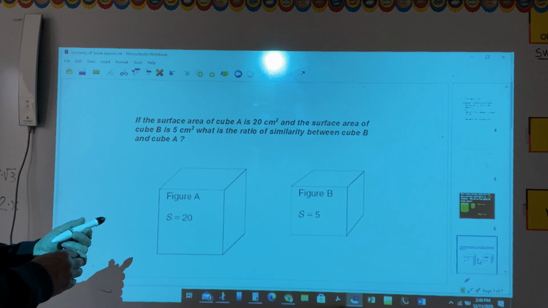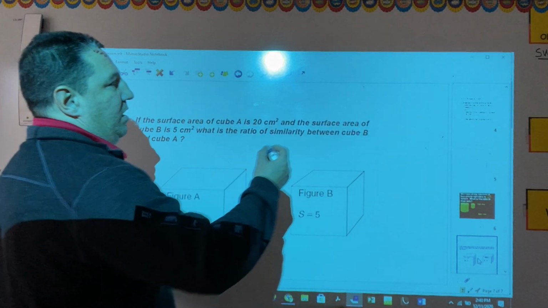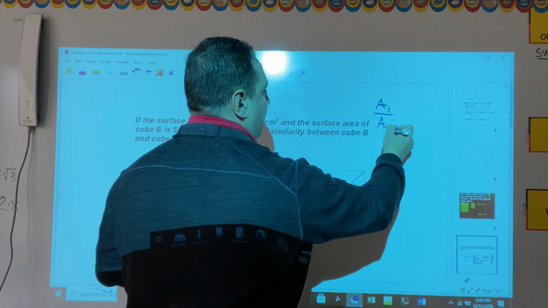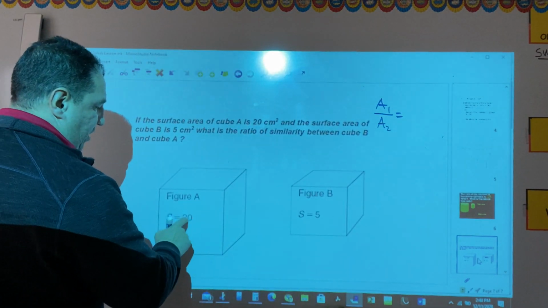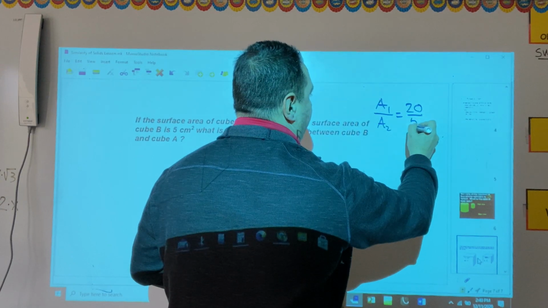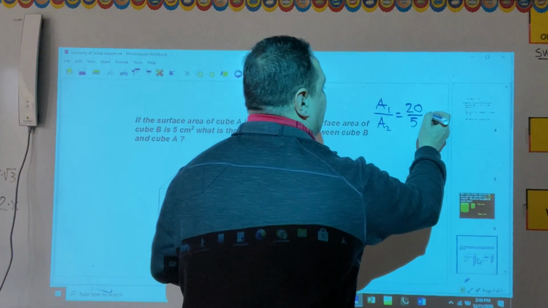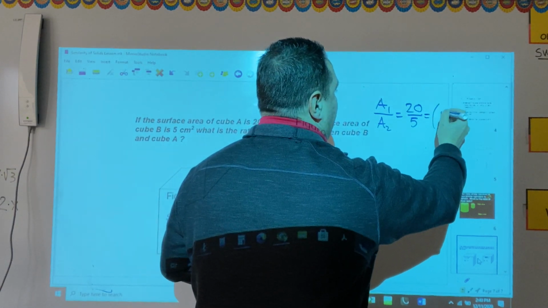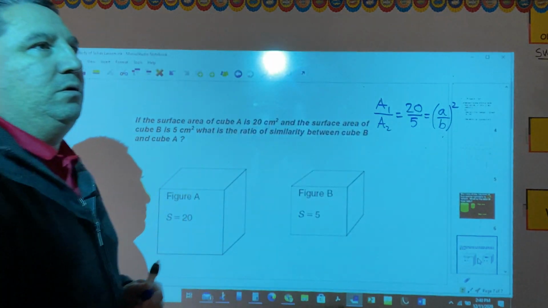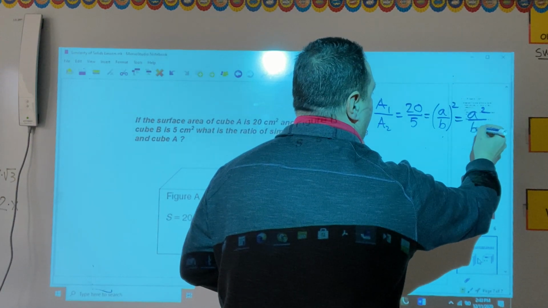Again, the ratio of the surface area is 20 over 5. Yes? Which is the square of the similarity ratio. Or if you like, a squared over b squared, right?